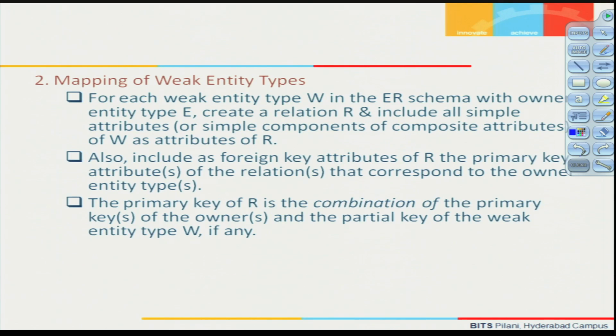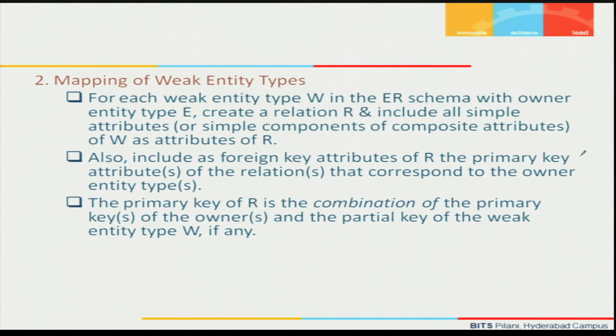Next, we will see how to map weak entity types. The rule says that for each weak entity type W in the ER diagram with owner entity type E, we have understood that every weak entity will also have its owner entity. Suppose you look at the dependent weak entity: the owner entity type is the employee, because every dependent is associated with one or the other employee.